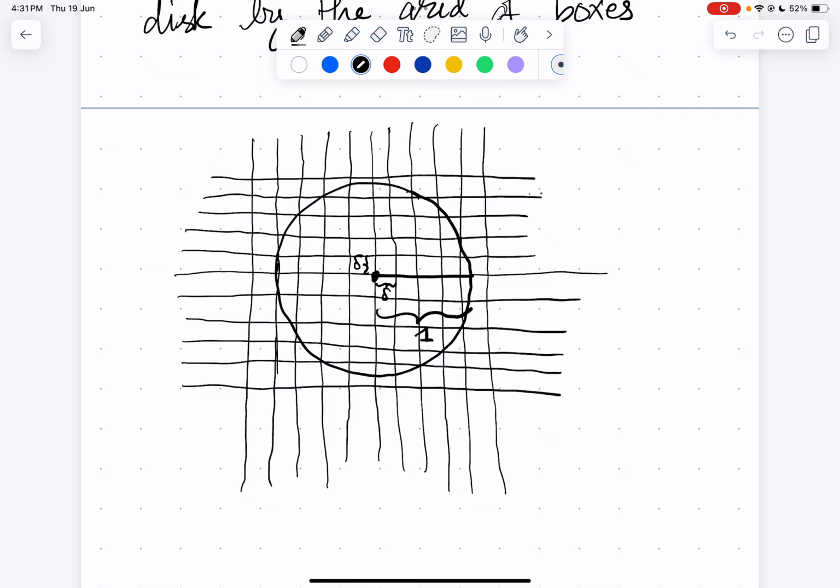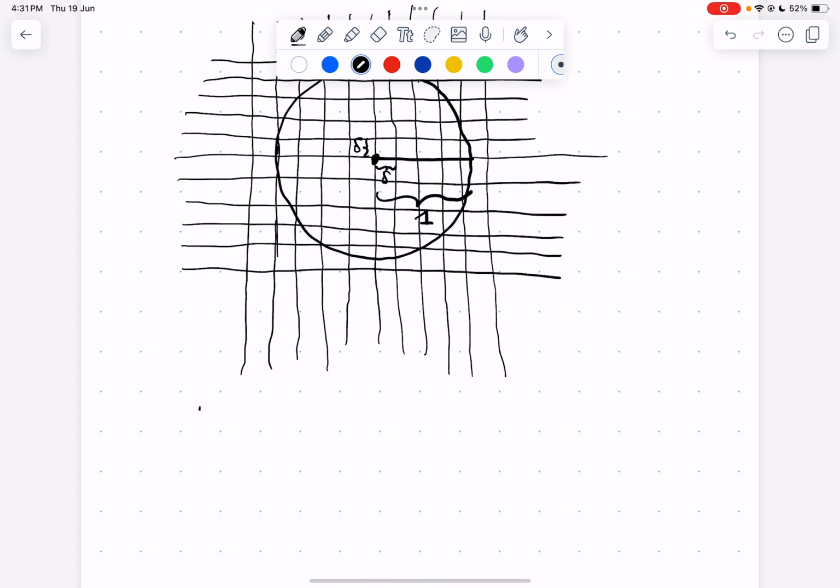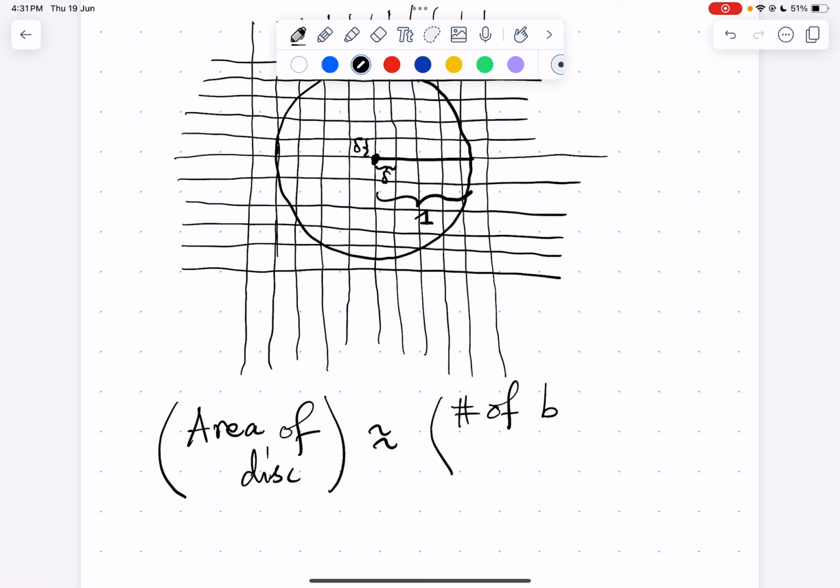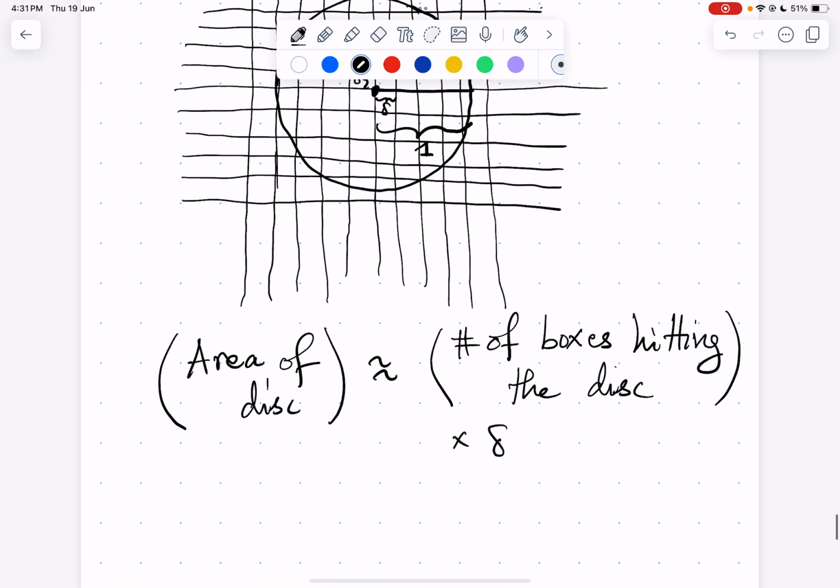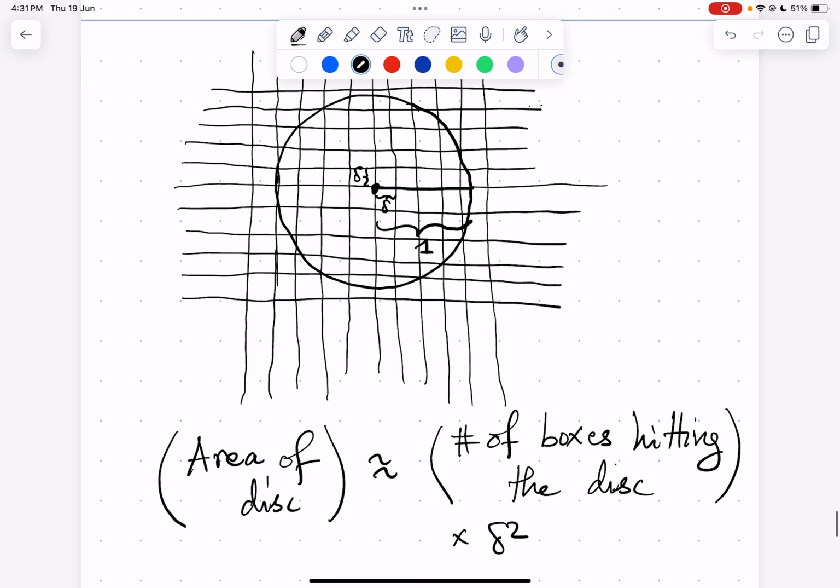So now note that the area of the disk is roughly the number of boxes hitting the disk times the area of each box, which is delta square.